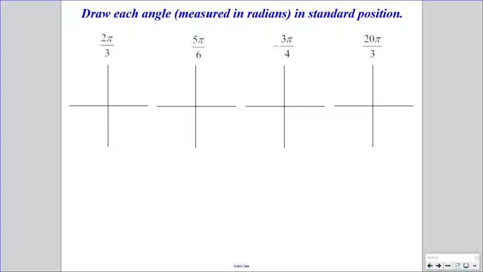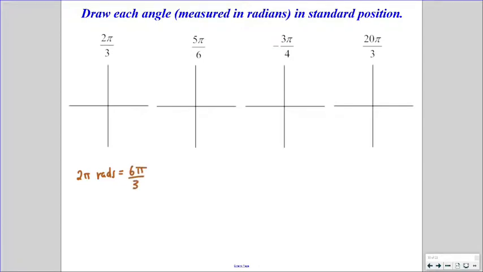So 2 pi over 3 is what we are drawing. Now remember that a full circle is 2 pi radians. Okay, so 1 full circle is 2 pi radians. If I want to turn 2 pi into something that has the same denominator as the angle we're drawing, 2 pi is the same thing as saying 6 pi over 3.